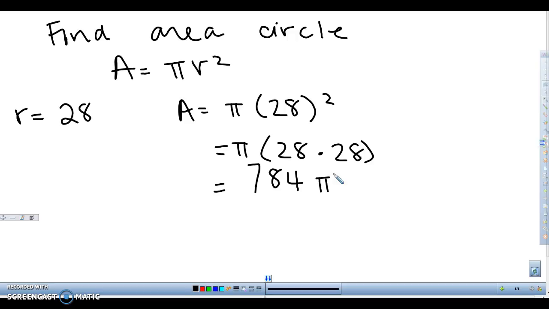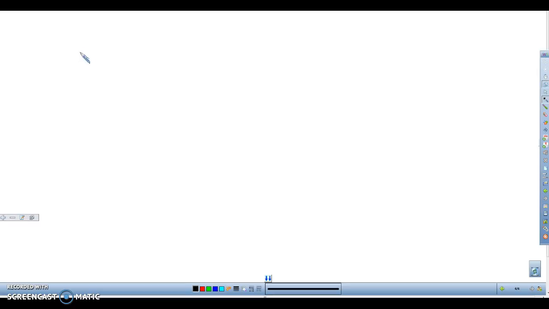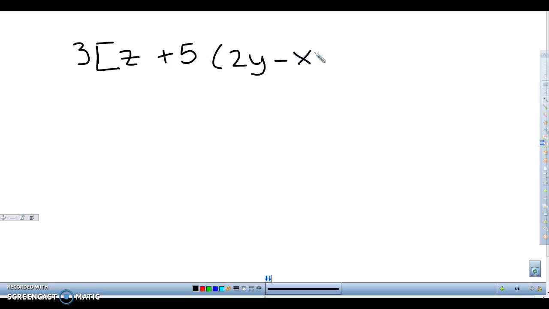So I'm going to do one more example with you, and then I'm going to let you figure out this last one on your own. So we have 3 brackets, which come after parentheses. Close brackets.